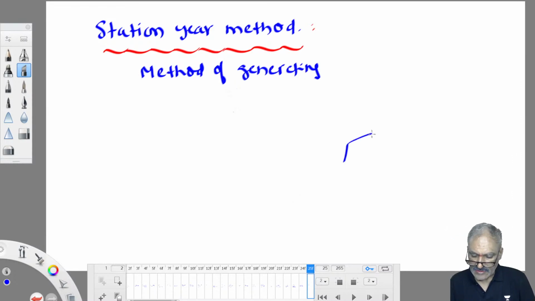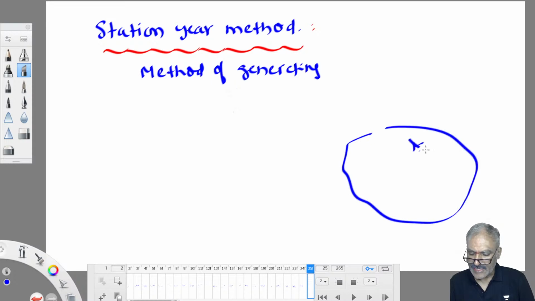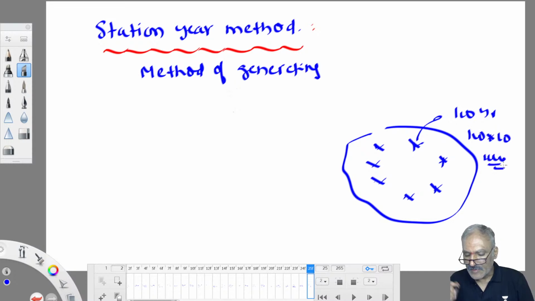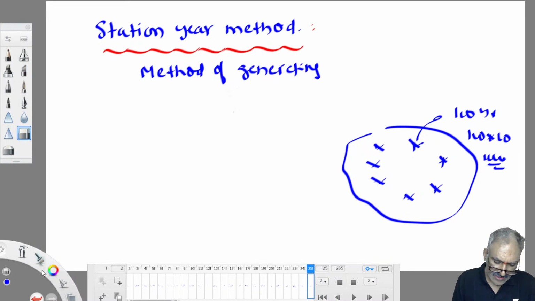Suppose there are some 10 rain gauge stations in a catchment, and each rain gauge station has 100 years of data. If you combine the 10 rain gauge stations' data into one single record, then you will get 100 into 10, 1000 data. With that 1000 data I can work out high frequency events. That is the meaning of this.